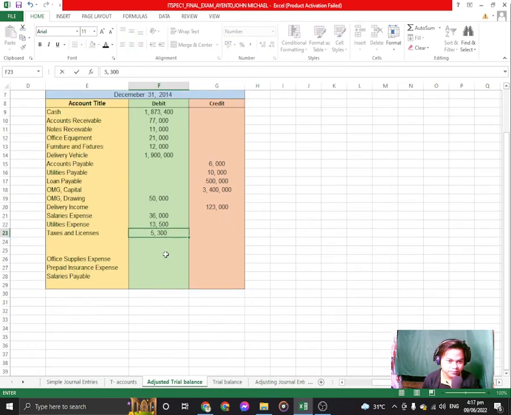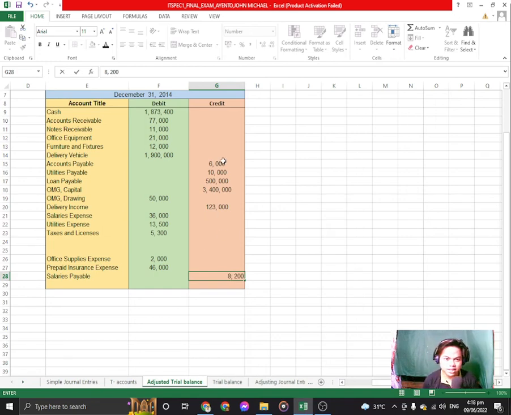Okay, for the office supplies expense, we have 2,000 pesos. And then for the prepaid insurance, we have 46,000 pesos. Then for the salaries payable, we have 8,200.